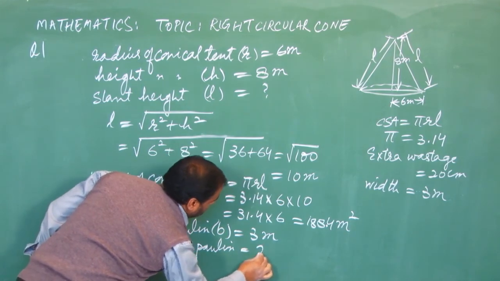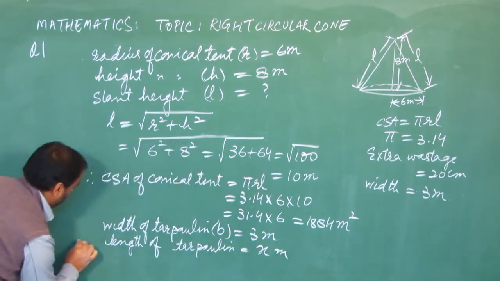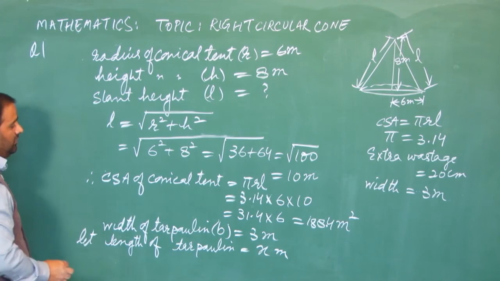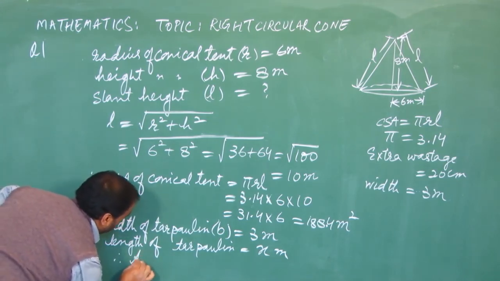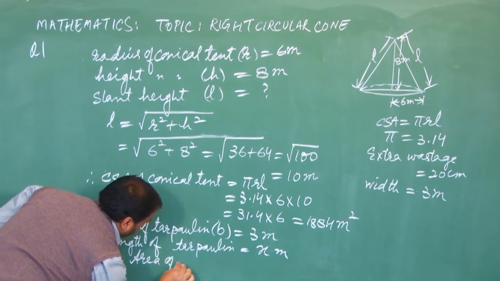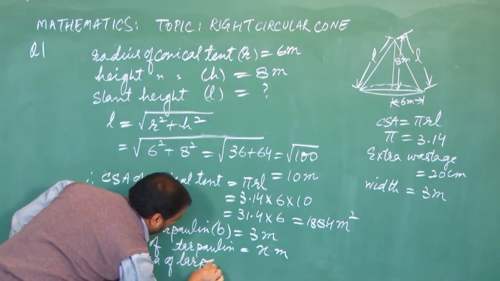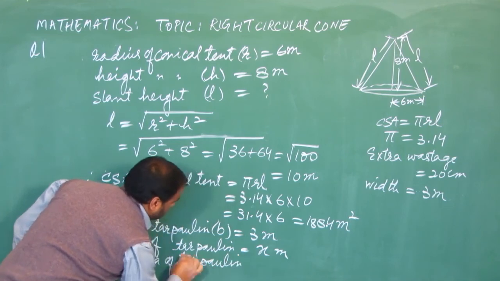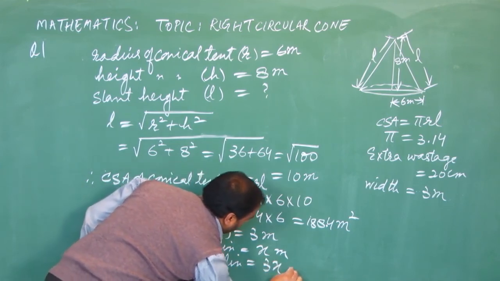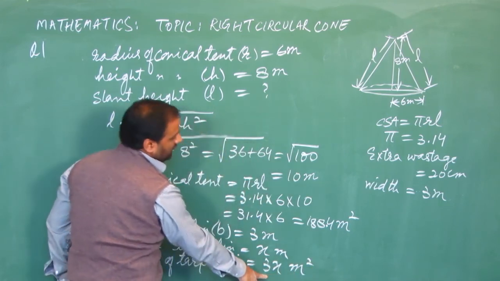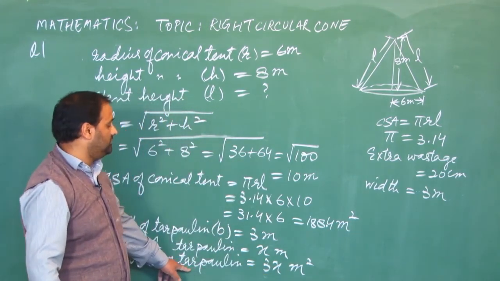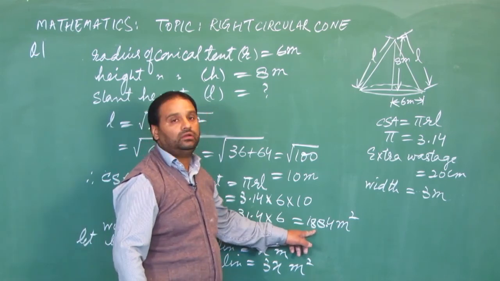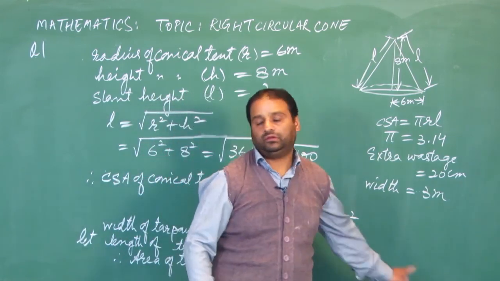Let length of tarpaulin for making that tent be X meters. Therefore, area of tarpaulin used is 3x meters square. We will relate the area of the tarpaulin in terms of x with the actual curved surface area of the tent.